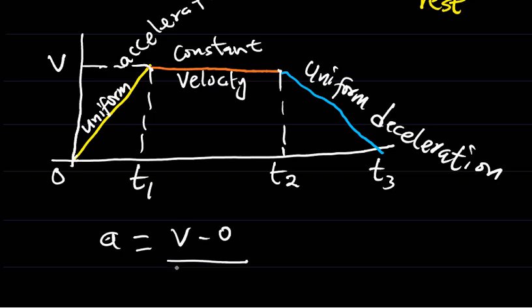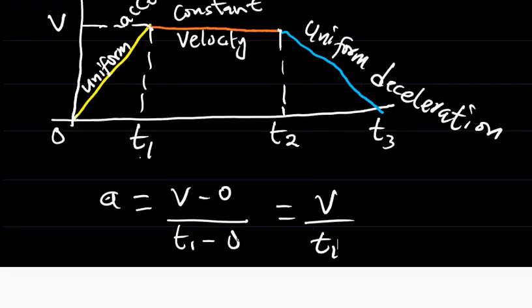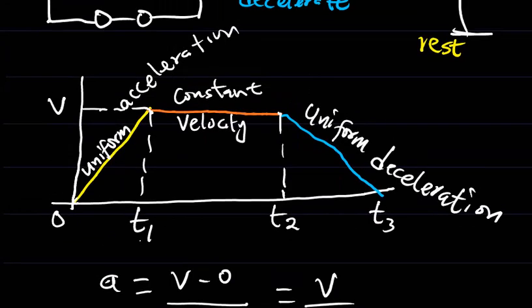Then the time is t1 minus the initial time, which is 0. So that is v over t1. That is the uniform acceleration. So just in case you see this kind of graph and you're asked to calculate the uniform acceleration, that's exactly how you calculate it. Then of course the uniform deceleration can also be calculated in the same manner.